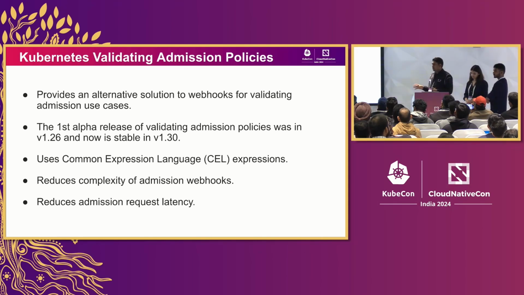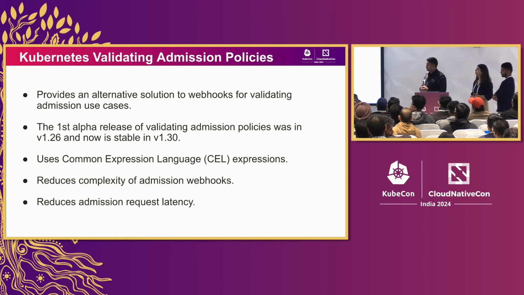Now we have talked a lot about Kyverno and the types of policies that we can write in Kyverno. But let's also talk about validating admission policies, which are an alternative to the webhooks used for admission use cases. They were first released in version 1.26 of Kubernetes, and now they are stable with 1.30.